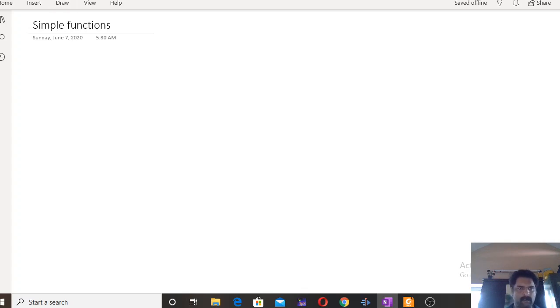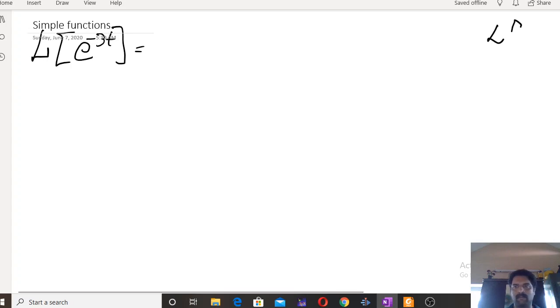So start with some very fundamental examples, like the Laplace transform of e raised minus 3t. We know that the Laplace transform of e raised at is equal to 1 by s minus a.